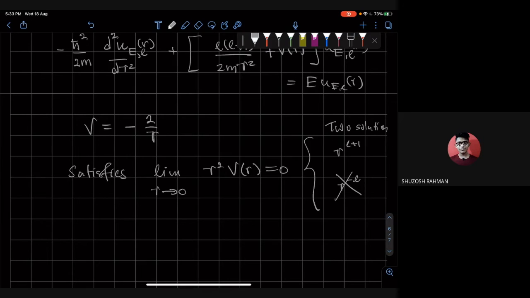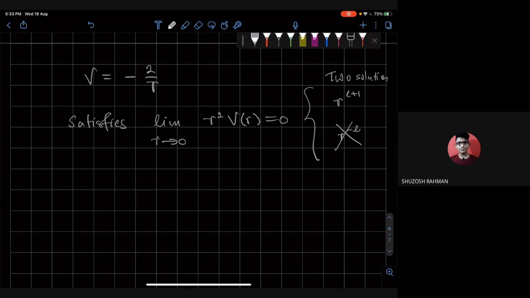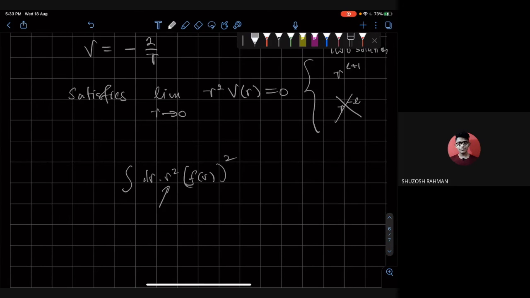Because when I'm doing normalization, remember that we have dr times r squared times whatever function squared, right? This comes from the three-dimensional measure, where the volume measure in spherical polar coordinates is r squared sine theta dr d theta d phi.